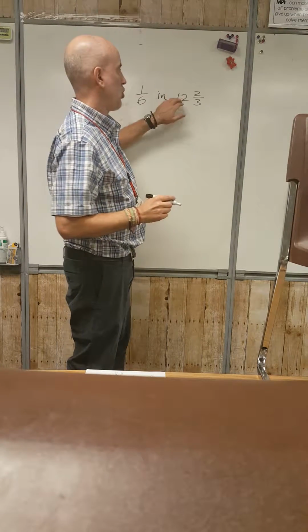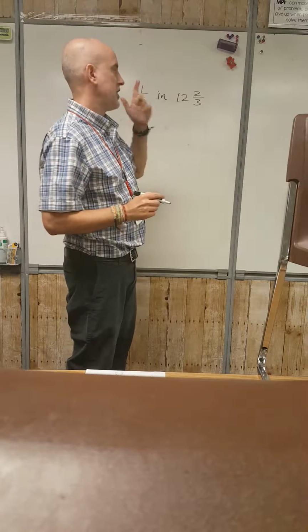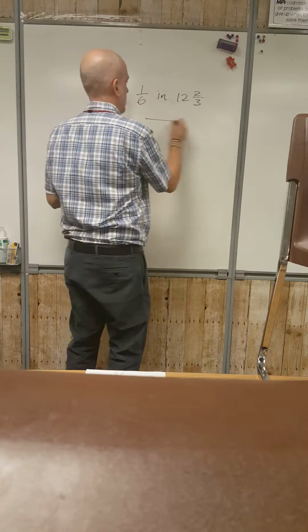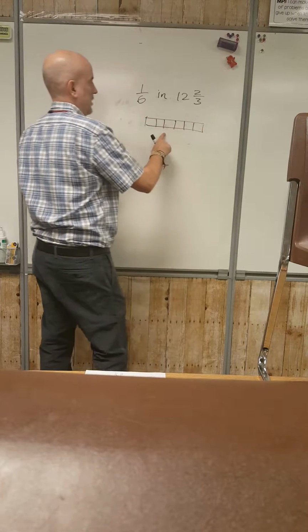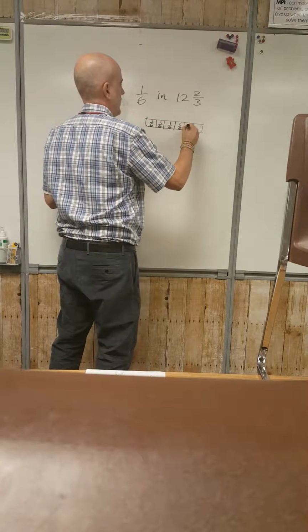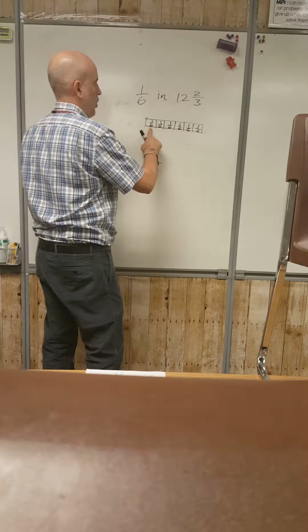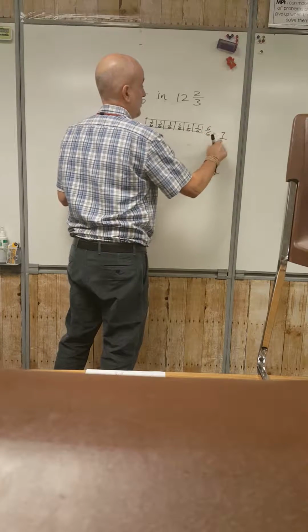So if I think about 12 and 2/3, I'm going to start with the whole numbers there. If I think about one whole that's broken into sixths, it would look like this: 1/6, another sixth, a bunch of these sixths together. 1, 2, 3, 4, 5, 6. This would be 6/6, which is the same as one whole.